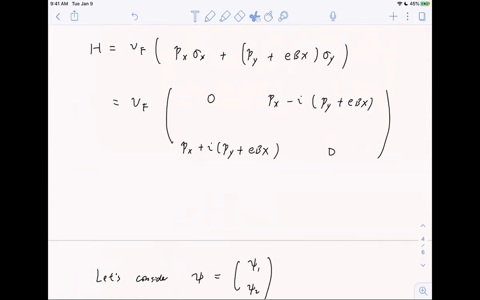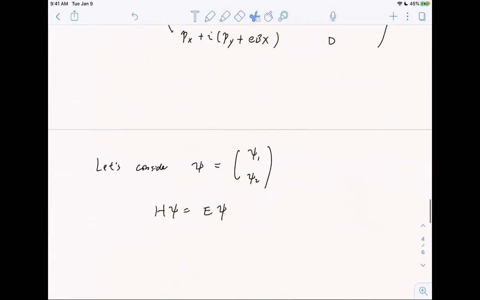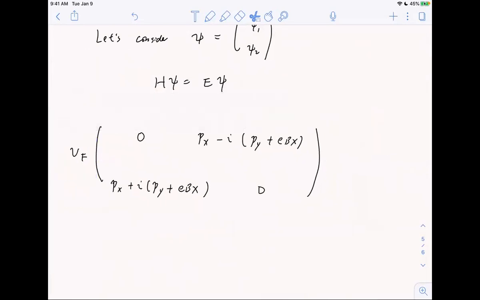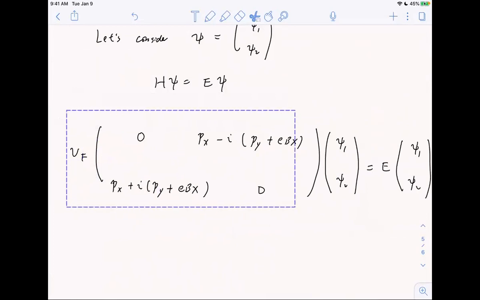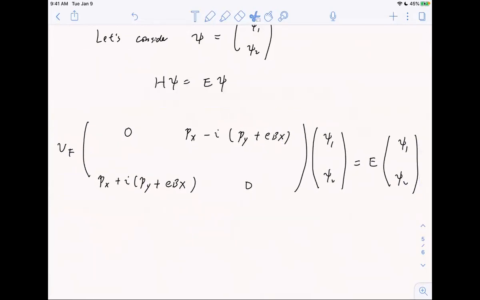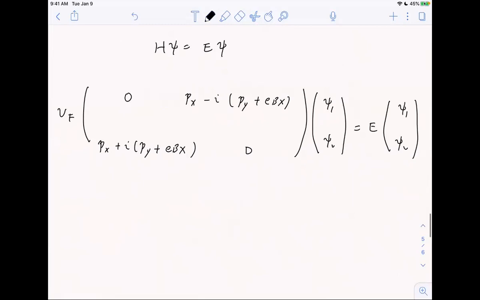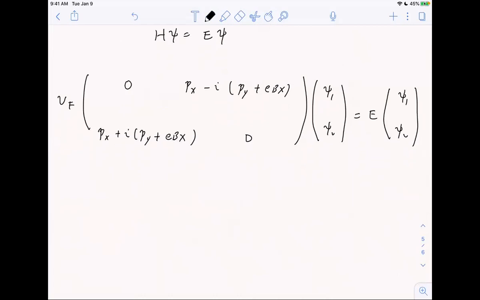So we're going to solve it. Then you have psi 1, psi 2, and then you have energy. Let's just make this operation, this matrix on this wave function, a set of two wave functions.